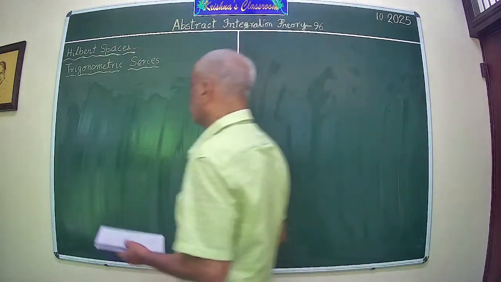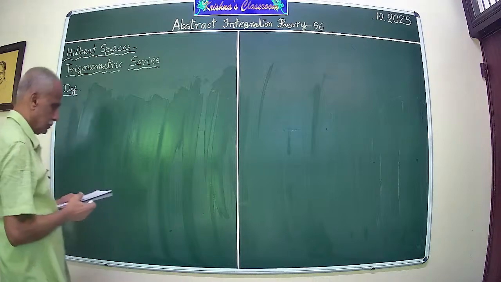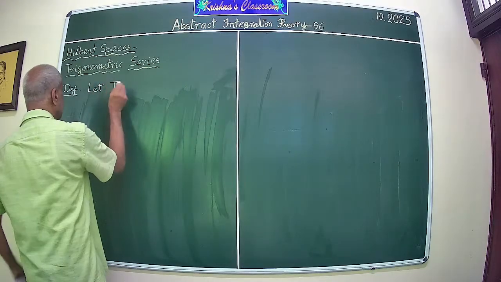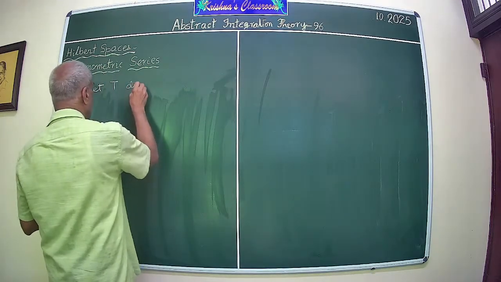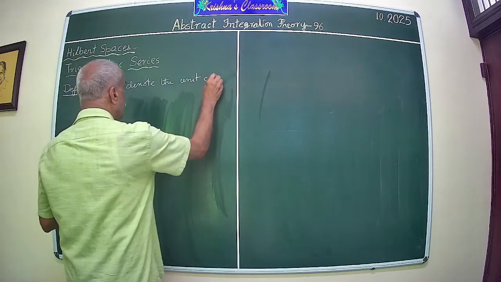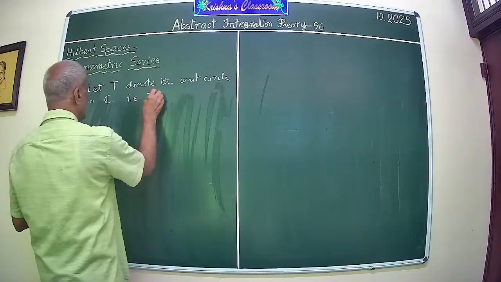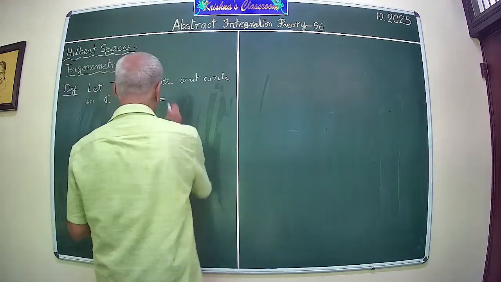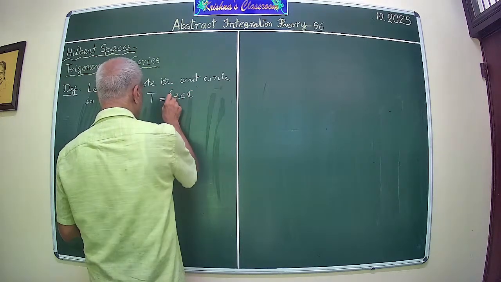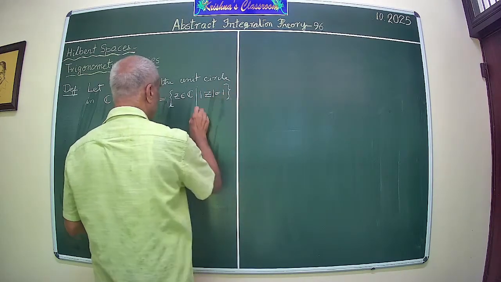So we define the following. Let T designate the set of z, that is, mod z is equal to 1, in the complex plane.